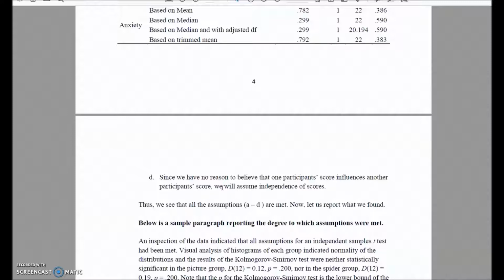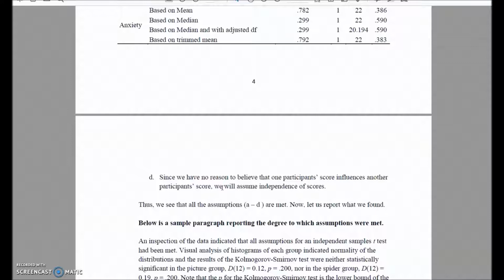This is one of the assumptions that we take into account when we do the dependent sample t-test, because you have the same participants seeing the picture and the real spider. So we talk about independence because we can still ask whether one participant's score affects another participant's score.